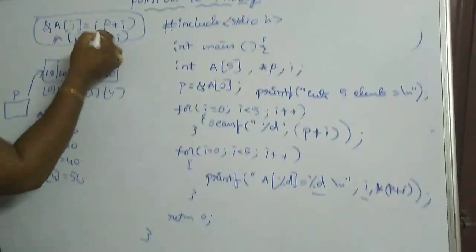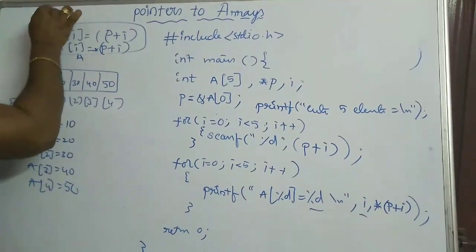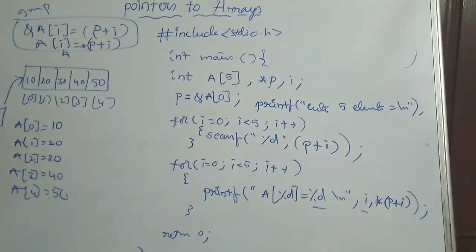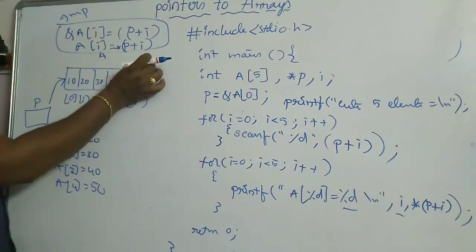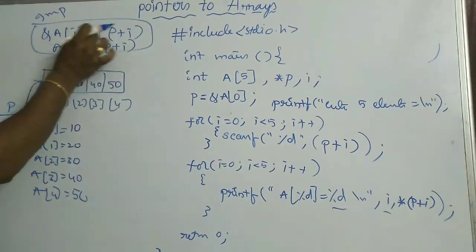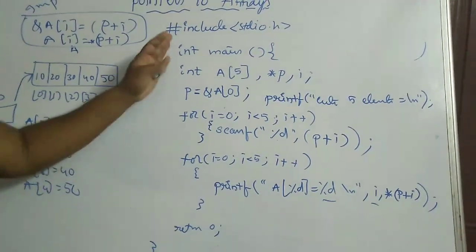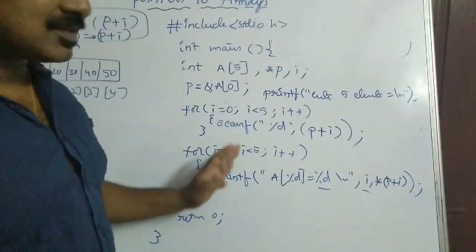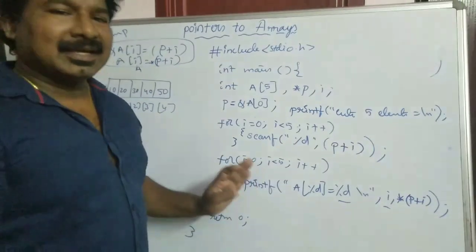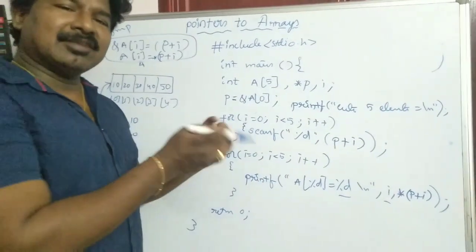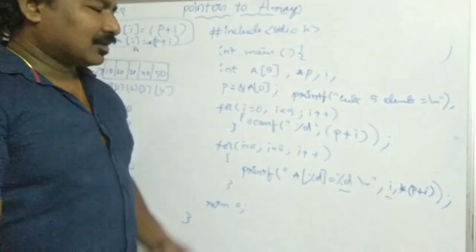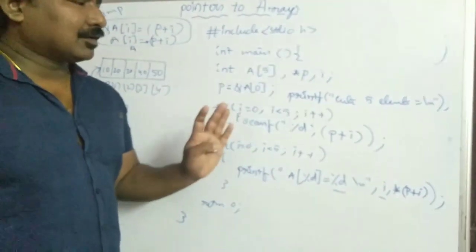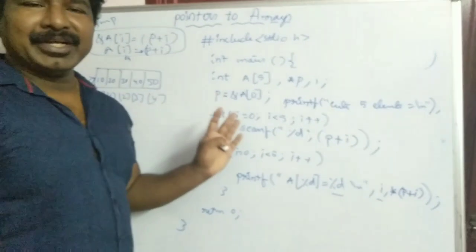So these are the two important formulas we should remember for this concept. Elements can be accessed with the formula star of p plus i, and the addresses can be accessed like p plus i. So this is how a pointer can access the elements of the array. That means you can place elements into the array, as well as read elements from the array. This is a basic relation between the pointer and an array.